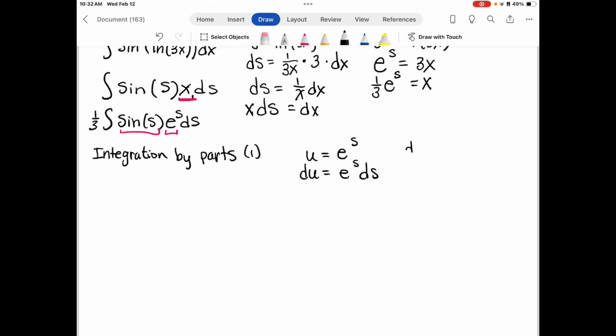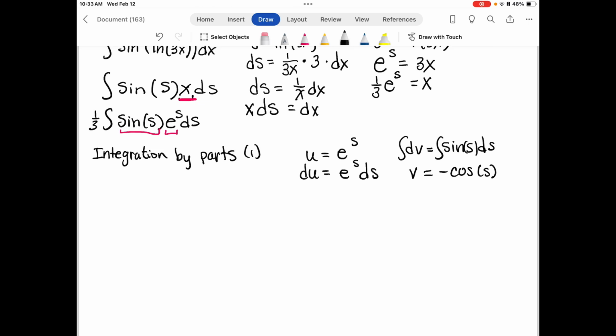And I'm going to let dv be equal to sine s dx. Oh, sorry, ds. So I'm going to integrate. And I'm going to get that v is equal to negative cosine s.